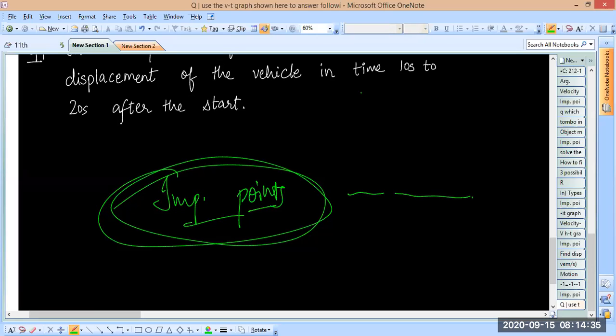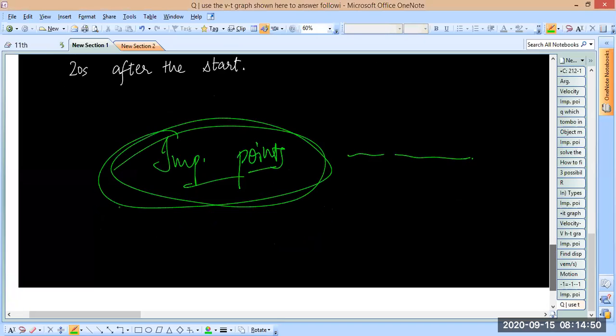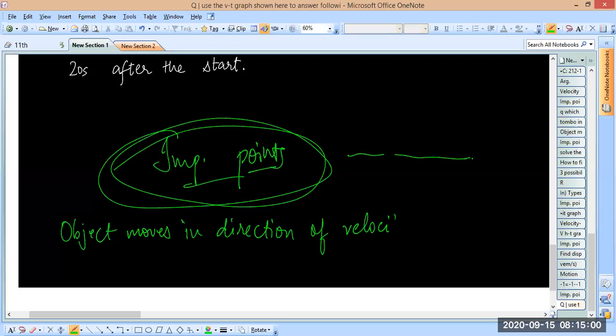Yes, so most of you have not answered this, but many have answered, right? Okay, about 15 people have answered, and I really hope that those who have answered it would have answered it without seeing anywhere. The point was as follows: object moves in direction of velocity, right?